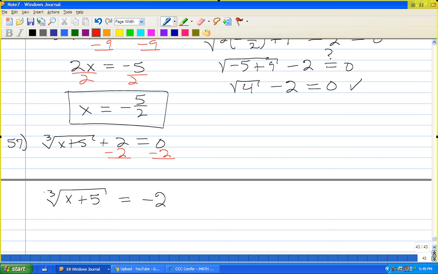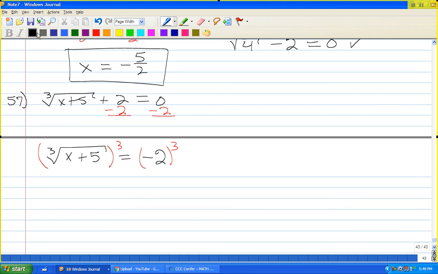Cube both sides of your equation. And so x plus 5 is equal to negative 8. Subtract 5. So x is negative 13.